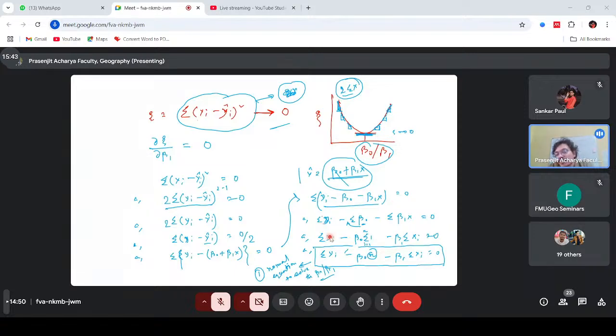So summation of yi minus beta 0 is summation of yi minus sum of beta 0 minus sum of beta 1 xi, which equals sum of yi minus beta 0 n minus beta 1 sum of xi, because n is a constant, sum of 1 is basically n.